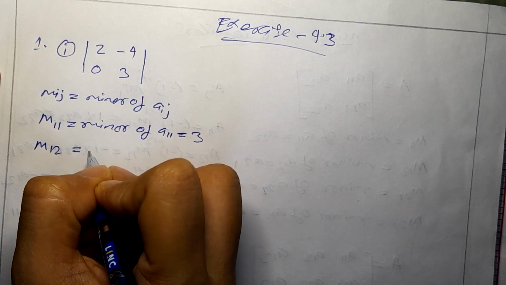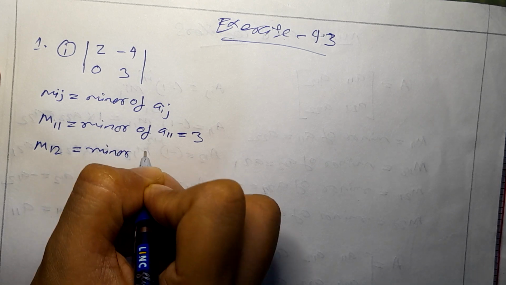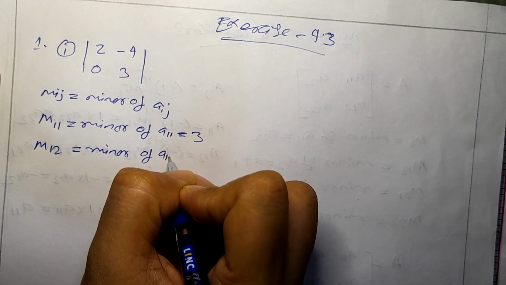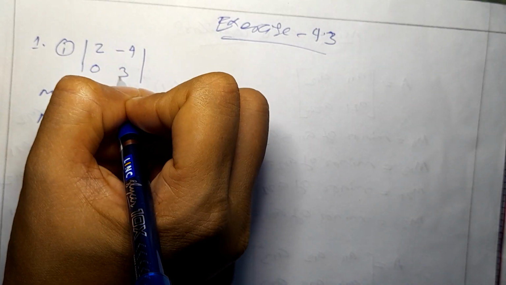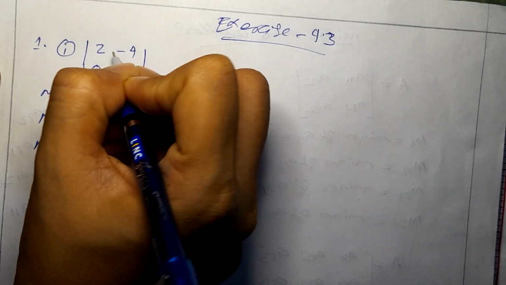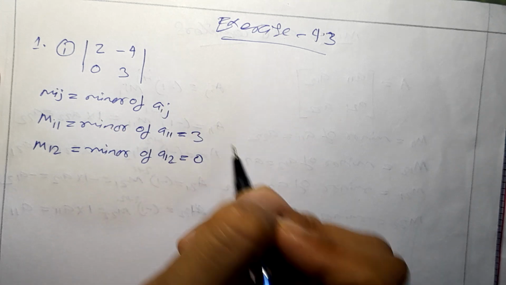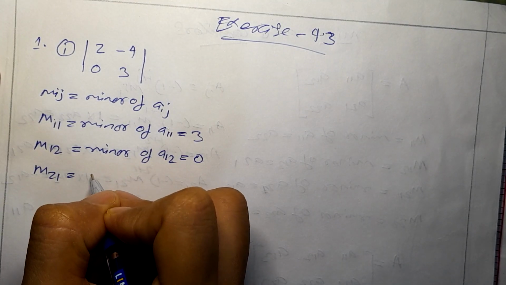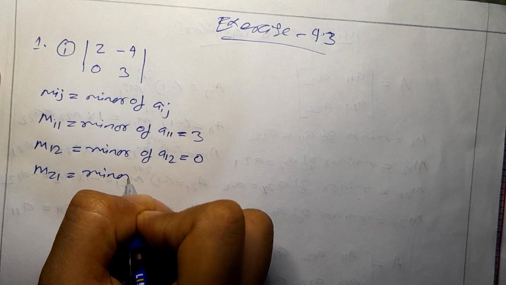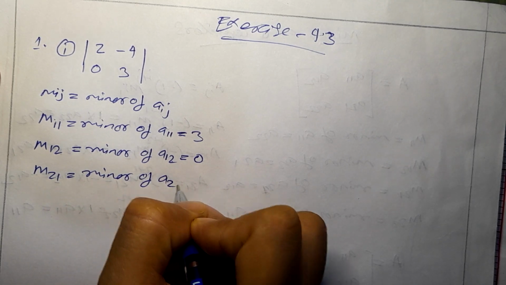M12, the minor of a12. Eliminate the first row and second column. The remaining is 0. M21, the minor of a21.